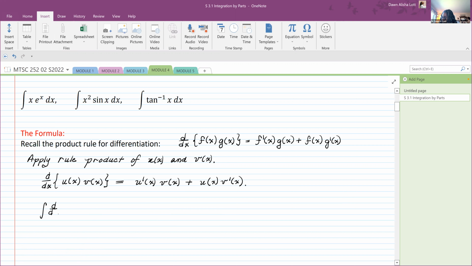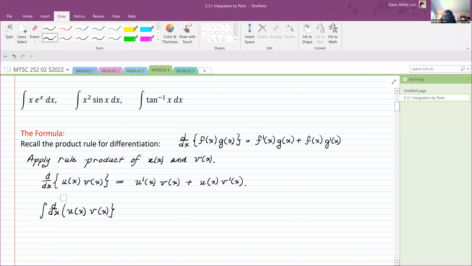They're inverse functions, so you should know something's going on, of u of x times v of x dx is equal to the integral of u prime of x v of x dx plus the integral of u of x v prime of x dx.